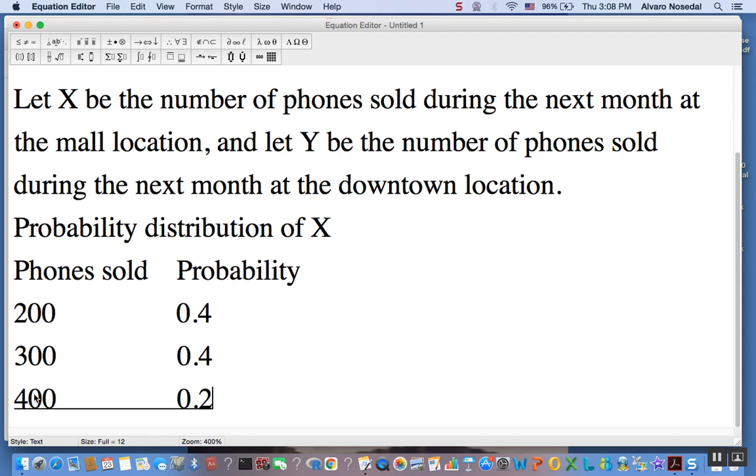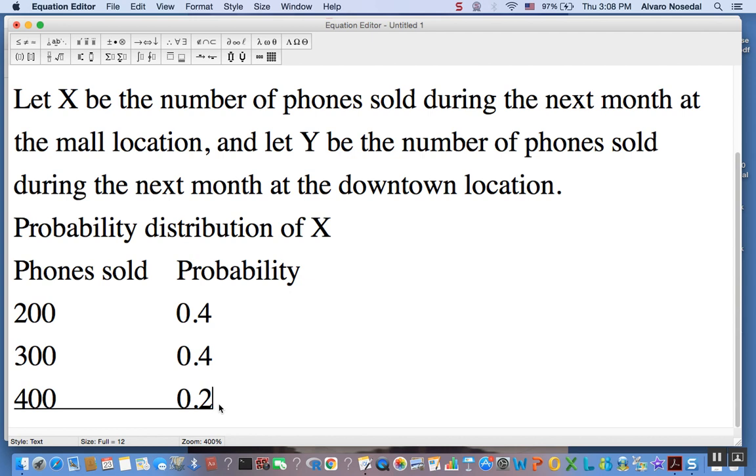Now let me remind you about the properties of a legit probability distribution. Each of these numbers must be between 0 and 1, and when you add them all up, you should end up with a 1. So we're good, right? That's a legit probability distribution.